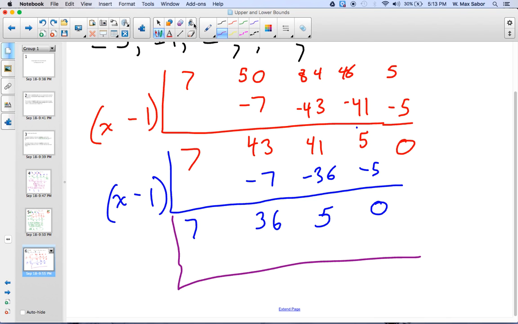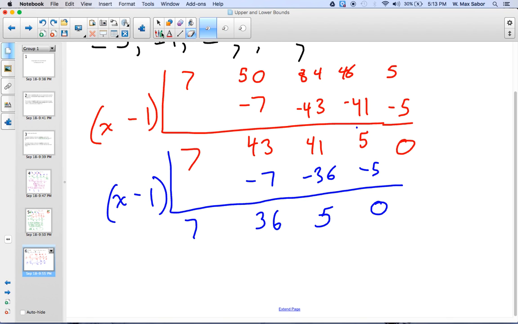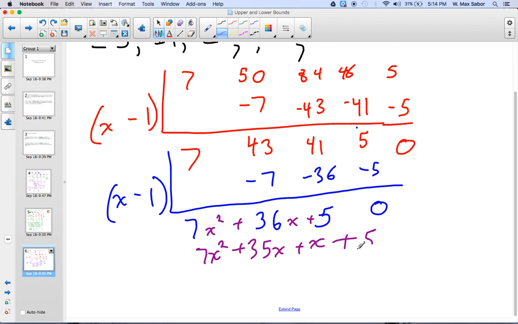Oh, well, wait a second. We don't have to keep doing this. Once we've gotten it down to a quadratic, then we can just factor normally. So 7x squared plus 36x plus 5, we can factor as 7x squared plus 35x plus x plus 5.